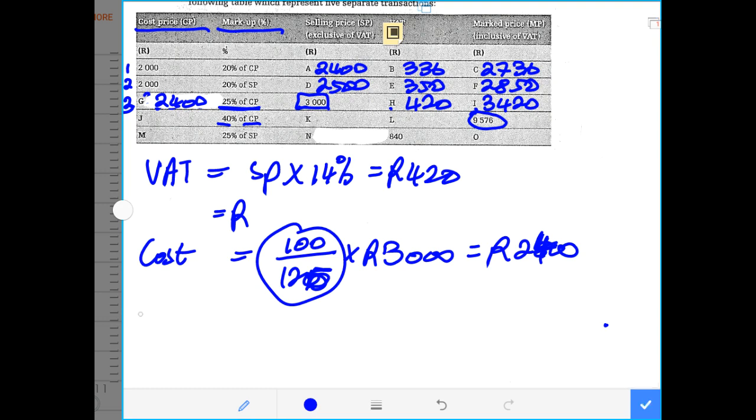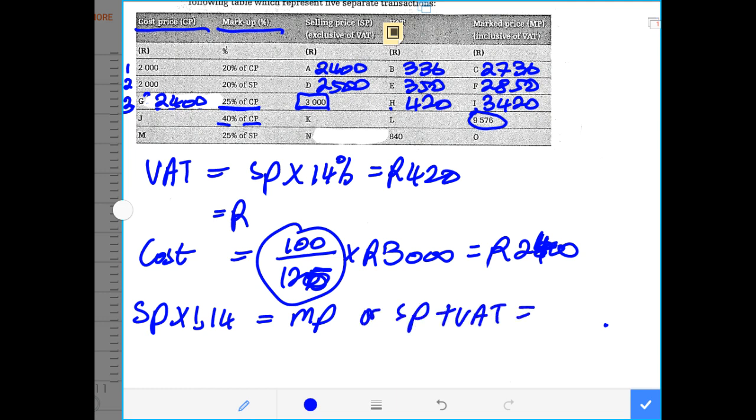And we know that to get to the marked price, we say selling price times 1.14 is equal to marked price. Or selling price plus VAT is equal to marked price.